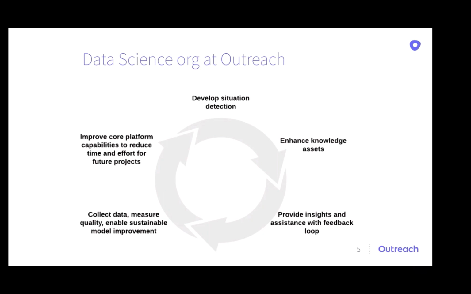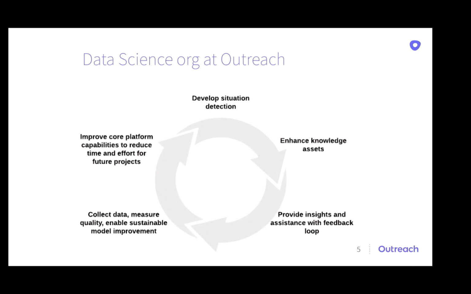Then we gather the usage data from the salespeople and feed it back to detect more situations. For this part, we want to speed up this cycle by building a more solid platform. CI/CD is one important part of it.